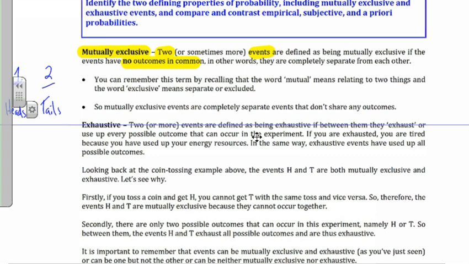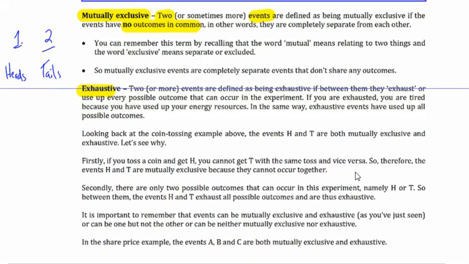We come to our next term that I want you to be familiar with, which is called exhaustive. Two or more events will be defined as exhaustive if they exhaust every possible outcome that could possibly occur in the experiment. Going back to my heads and tails experiment, are the outcomes exhaustive?